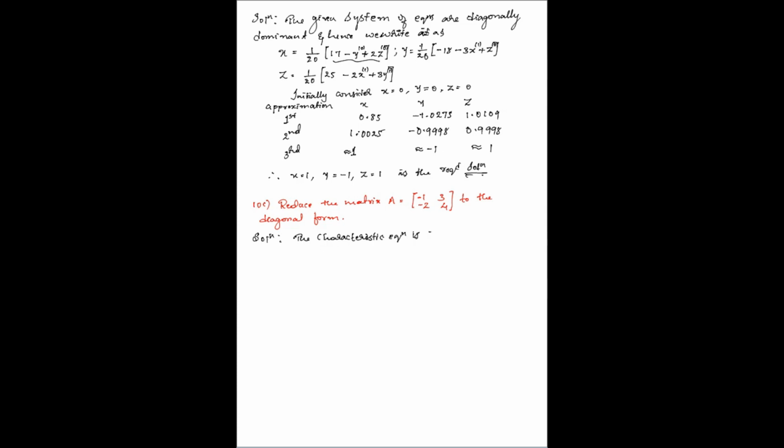Go with the solution. The characteristic equation is given by determinant of A minus lambda I equal to 0. So just subtract lambda from the diagonal values. So we are going to get the determinant with minus 1 minus lambda, 3, minus 2, 4 minus lambda equal to 0. Expanding this, we get minus 1 minus lambda times 4 minus lambda, minus into minus plus 6 equal to 0.